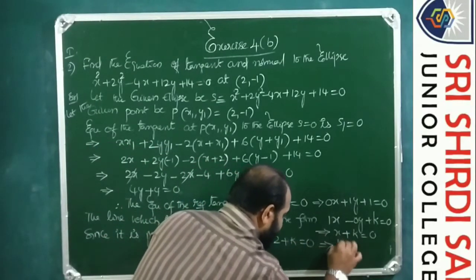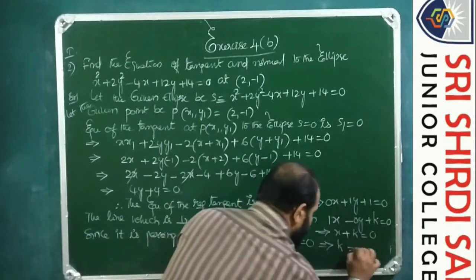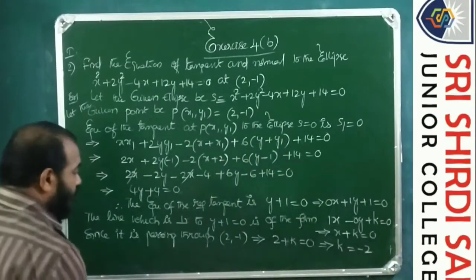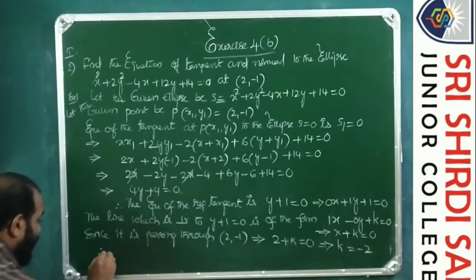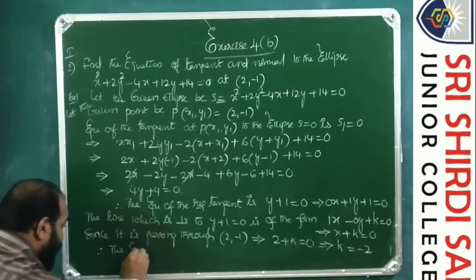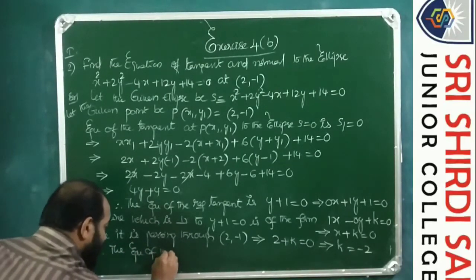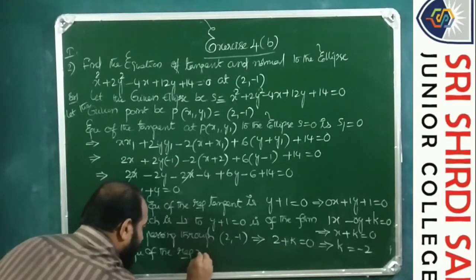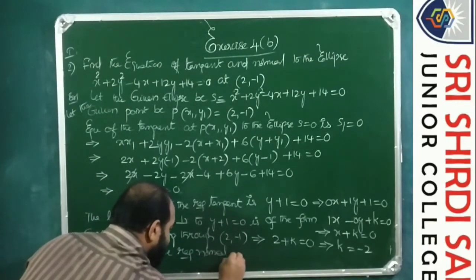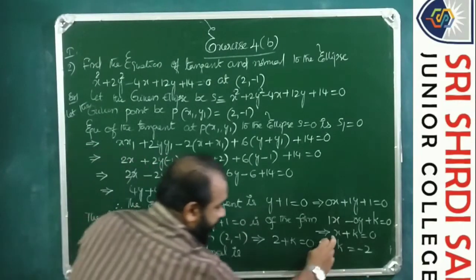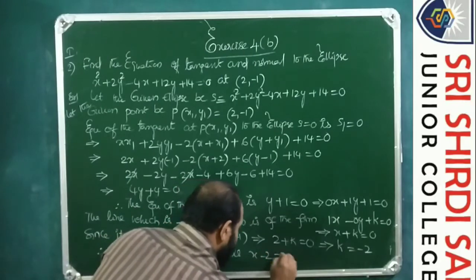From this, k is equal to minus 2. Therefore the equation of the required normal is x minus 2 equals 0.